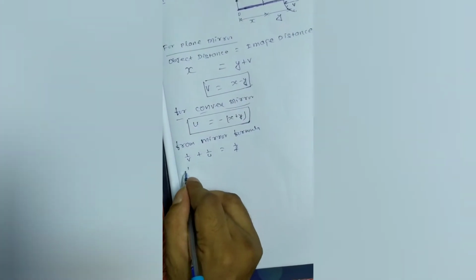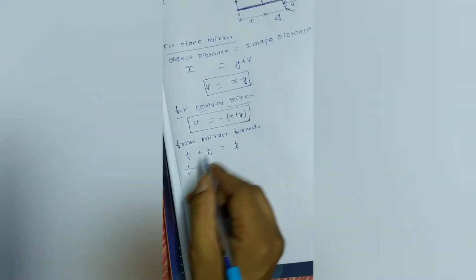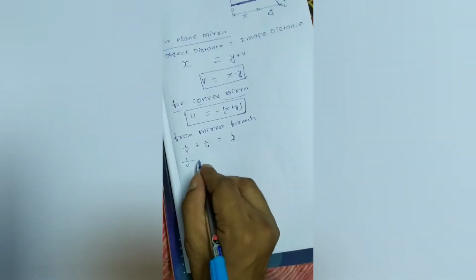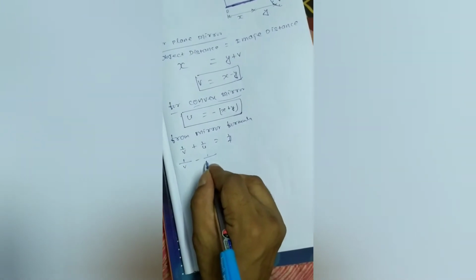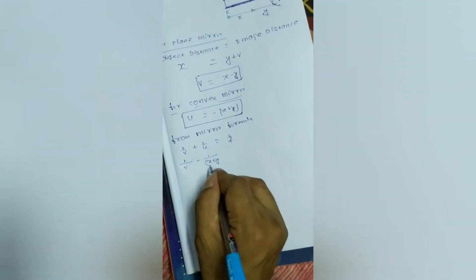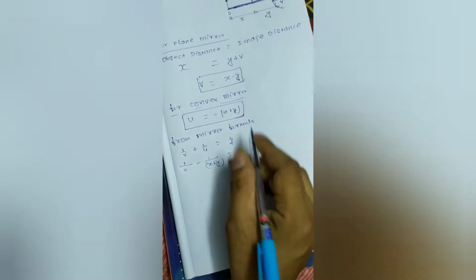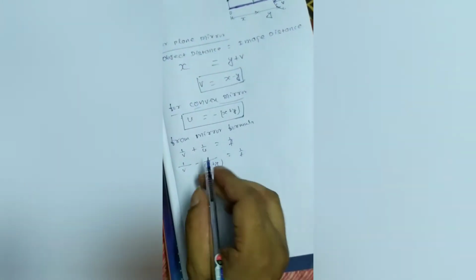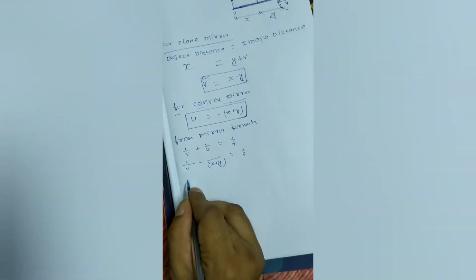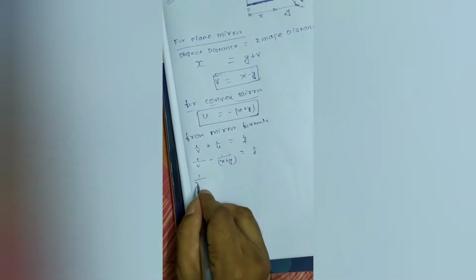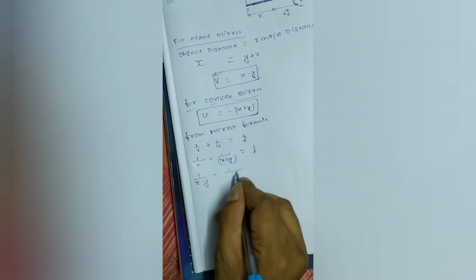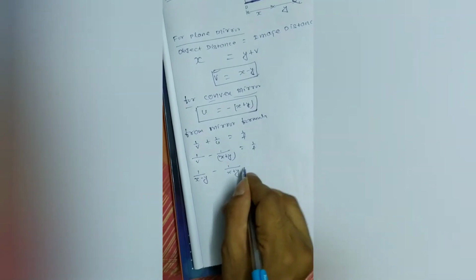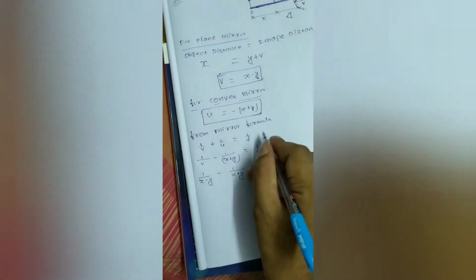So this becomes 1 by v, because the image is in the direction of the incident ray, so we take it positive, minus 1 by (x plus y) is equal to 1 by f. Put the value of v here: 1 by (x minus y) minus 1 by (x plus y) is equal to 1 by f.